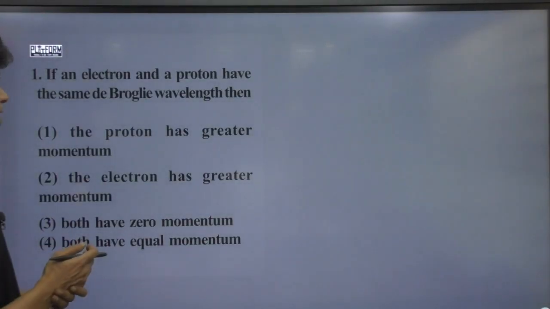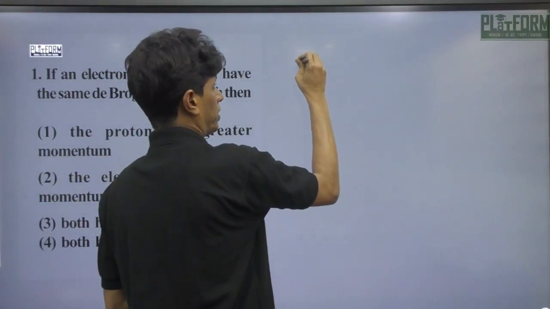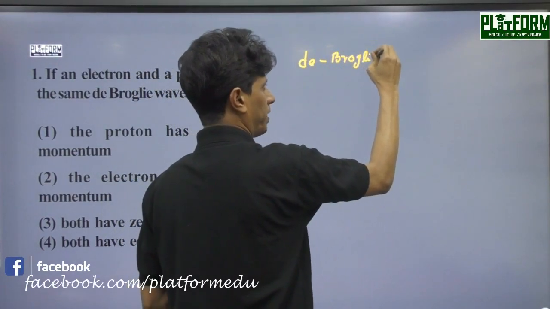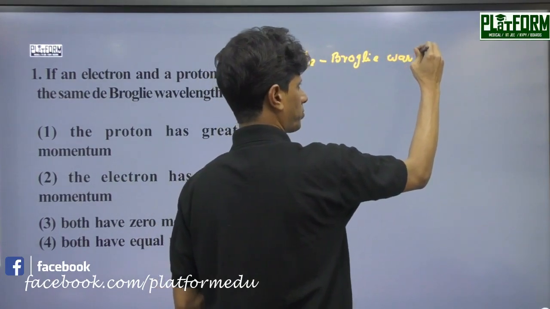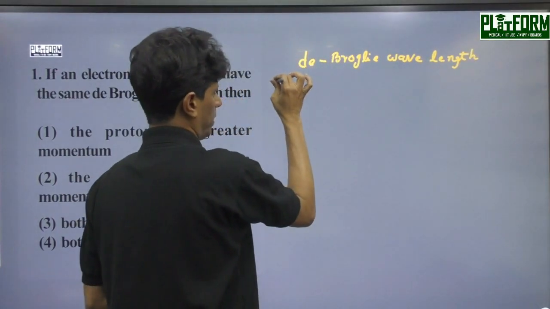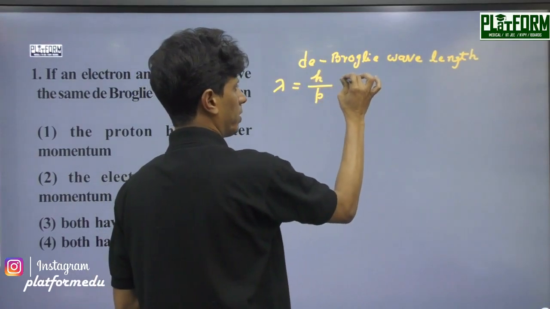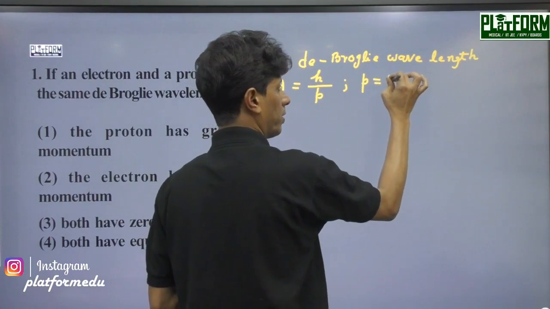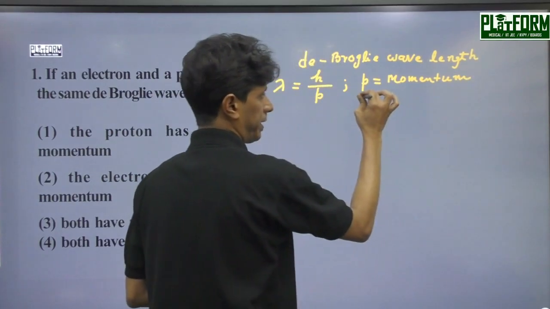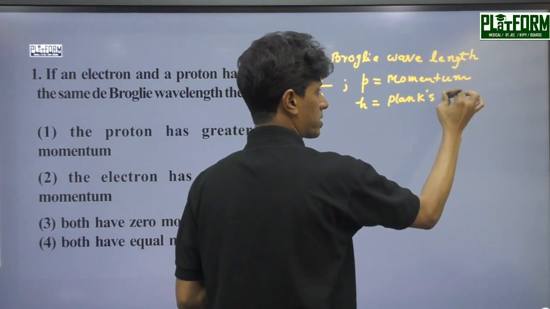If an electron and proton have the same de Broglie wavelength, so de Broglie wavelength lambda equal to, we know, h by p, here p is momentum and h equal to Planck's constant.